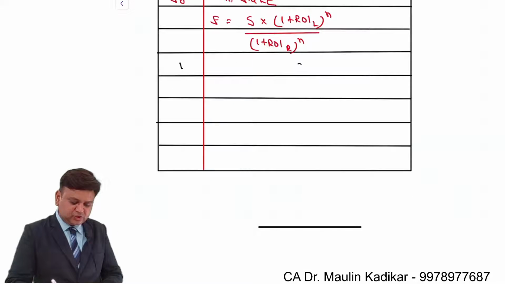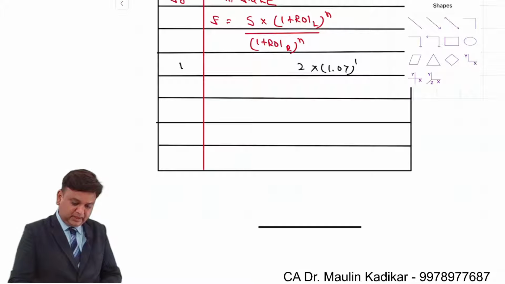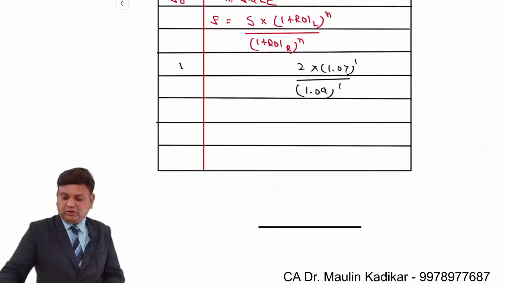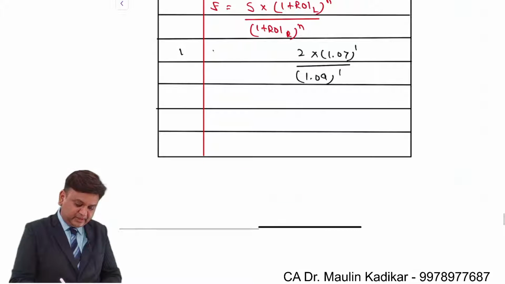For the first year, it is 2 into the rate of interest for the East African dollar currency 7%, and for the rupee currency it is 9%. 2 into 1.07 divided by 1.09, that comes to 1.9633.